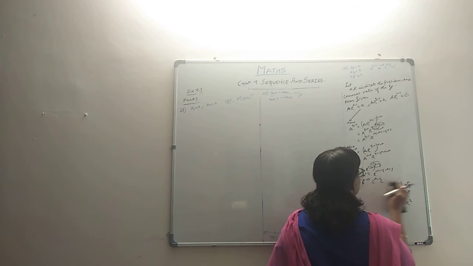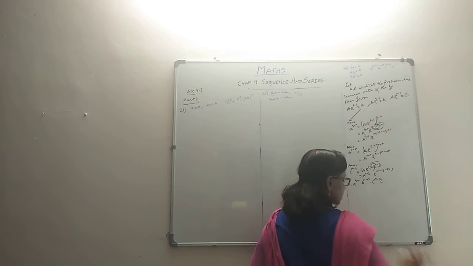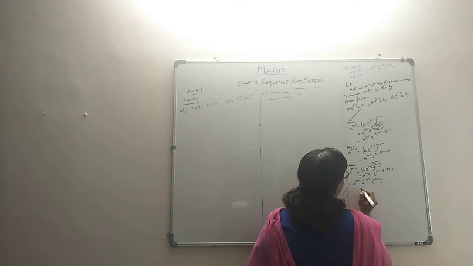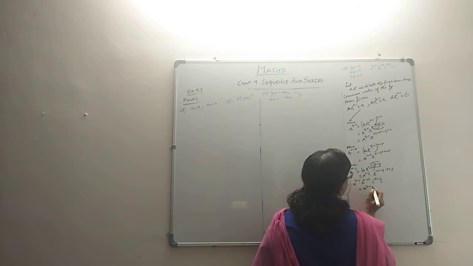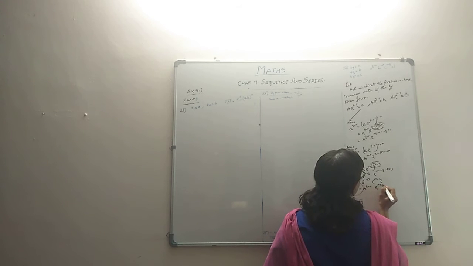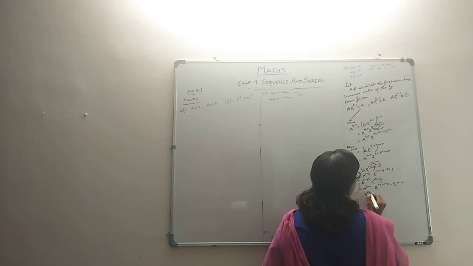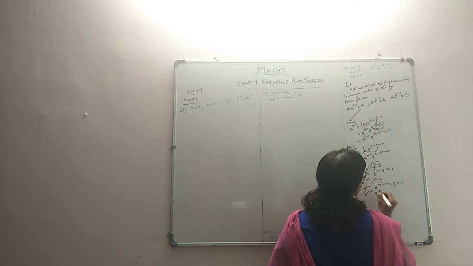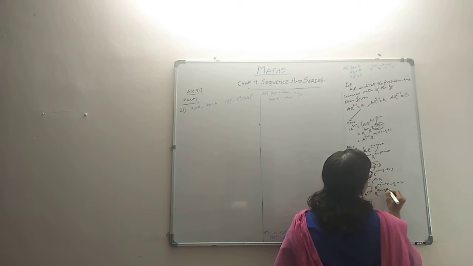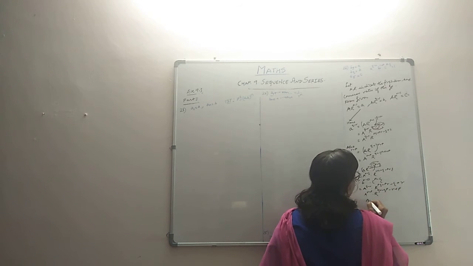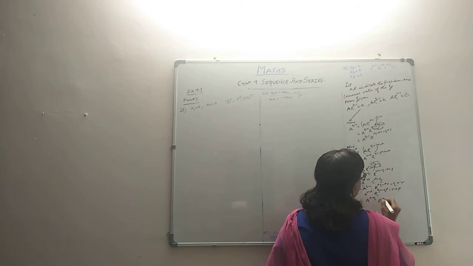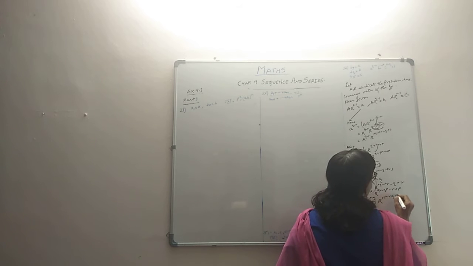Now, we shouldn't have done this. We could have written it directly. I think that's right. Yeah, we'll do one thing. We'll write this as a raised to q minus r into r raised to pq minus pr minus q plus r. Then we have a raised to r minus p into r raised to qr minus qp minus r plus p. Then we have a raised to p minus q, r raised to rp minus rq minus p plus q.